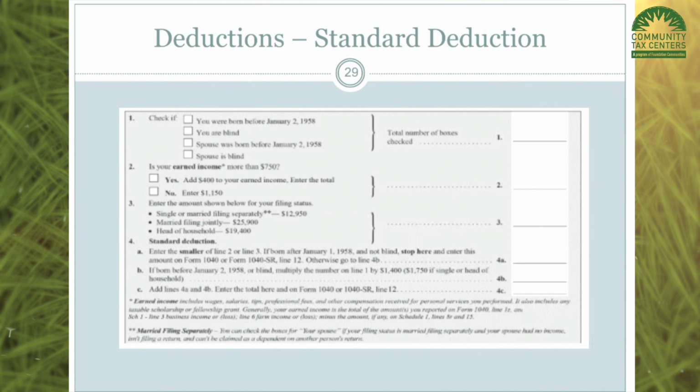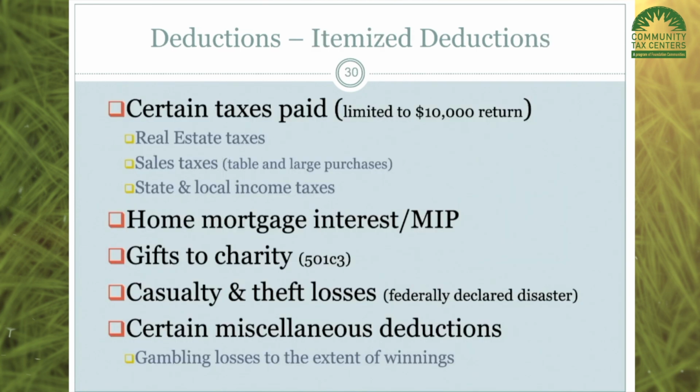So say, for example, a single dependent, if they made $4,000 in wages, it's going to take that $4,000, add an additional $400. Their standard deduction will be the $4,400 on there. So it still kind of evens out for those dependents. Definitely when it comes to, again, earned income, so income that they work for.